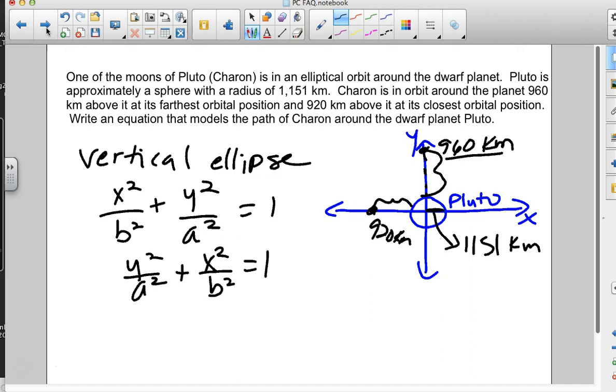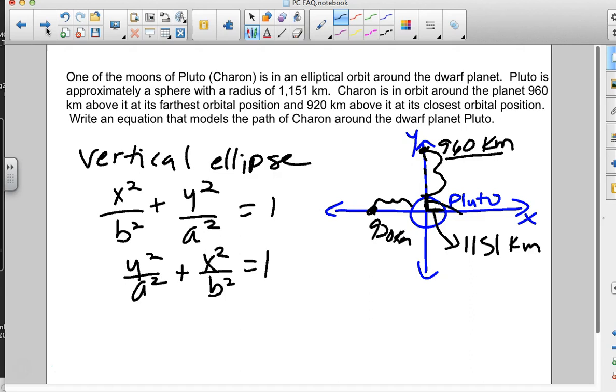All right, so if we stick with what the book has been doing, we know that the difference here with this ellipse is because the biggest number that I was using there was adding and subtracting 960. That is needing that y squared to be first because this would be vertical. All right, so now I need to figure out what a is. Well, if the radius of Pluto is 1,151 kilometers, that is the radius no matter where you are at.